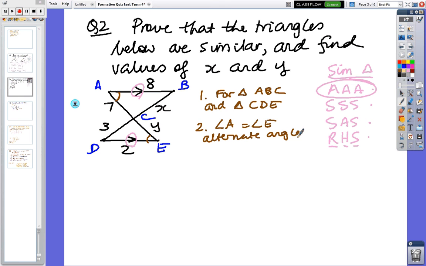And you say alternate angles are equal, so the reason is. Okay, and then we've got heaps of other ones, but let's just do this one here. Okay, so angle ACB equals ECD, and the reason is vertically opposite angles are equal.